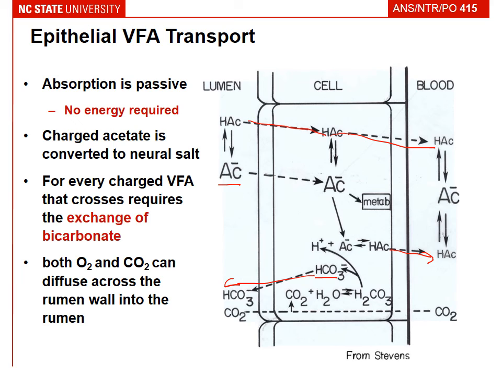We break that carbonic acid with our carbonic anhydrase, and we release a bicarbonate, and this bicarbonate ends up leaving back into the rumen in exchange for this acetic acid. We take that hydrogen, add it onto the acetic acid, and then it's able to go out into the blood.